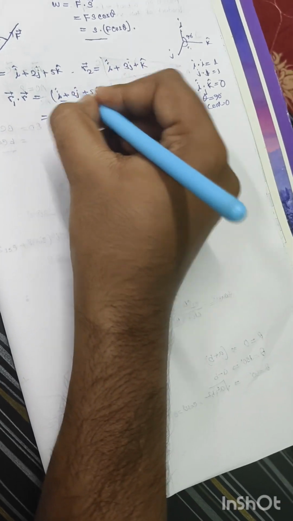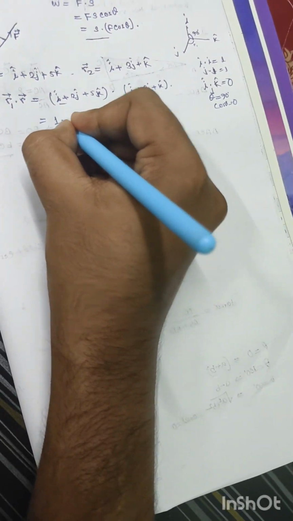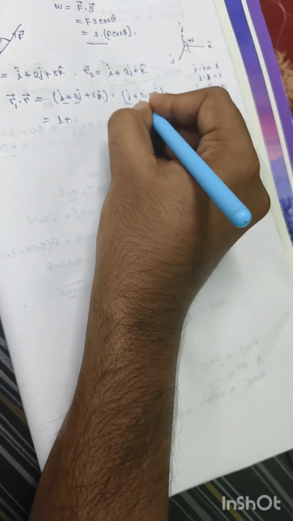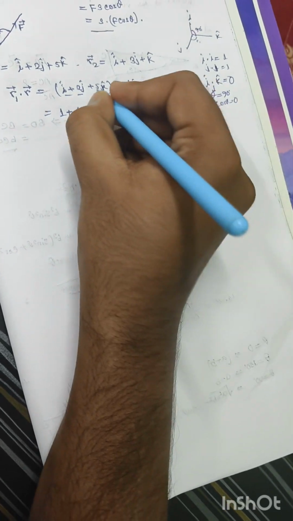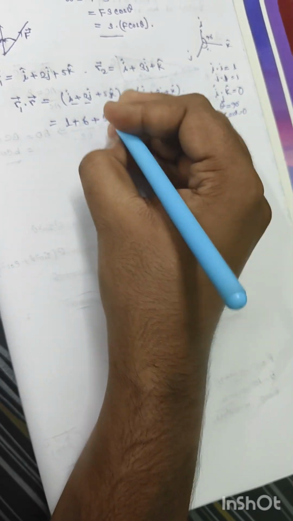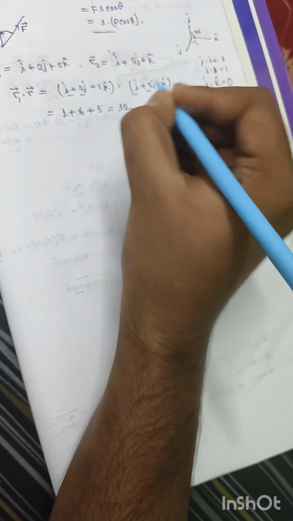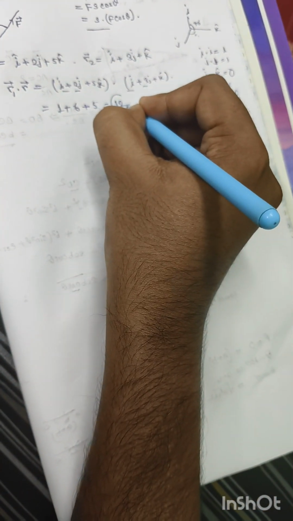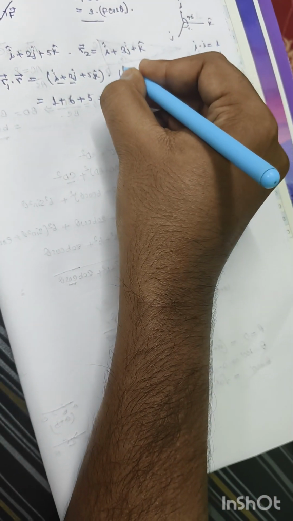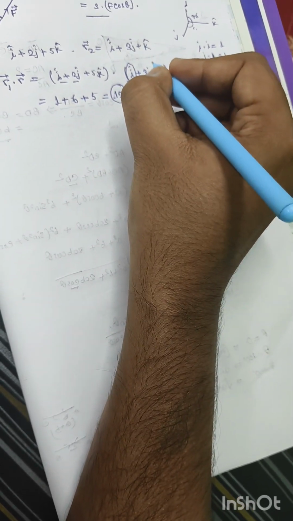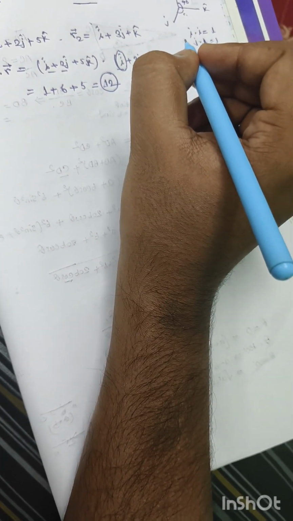For this i for i, that is 1, plus 2 for this 6 and 5, that is 12. And here 12 is scalar, as there is no unit coordinate vector engaged with it.